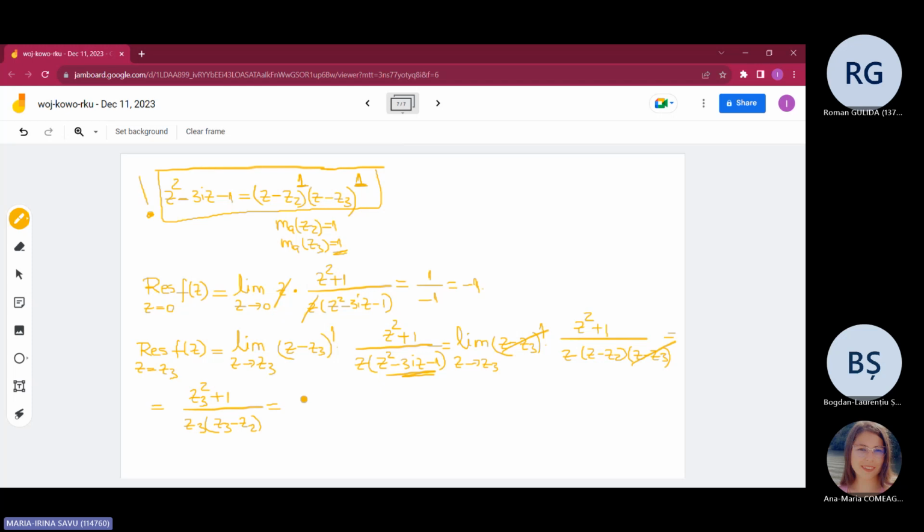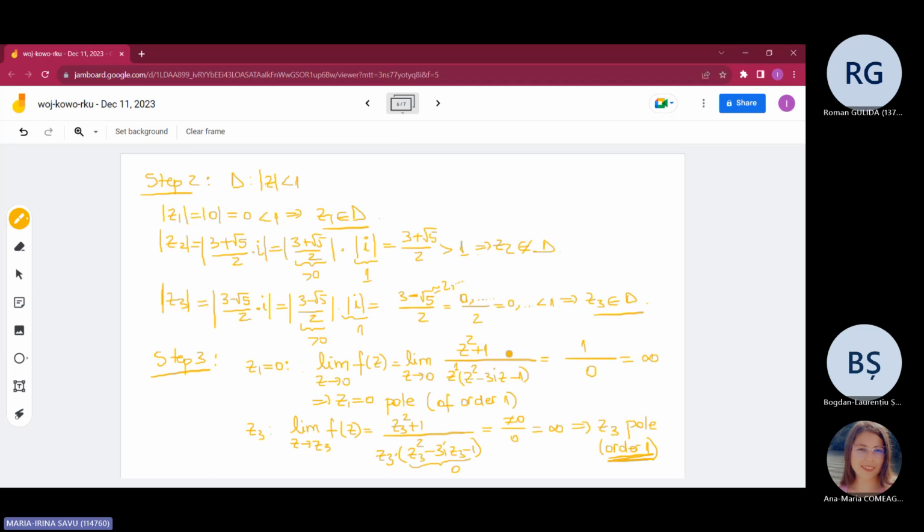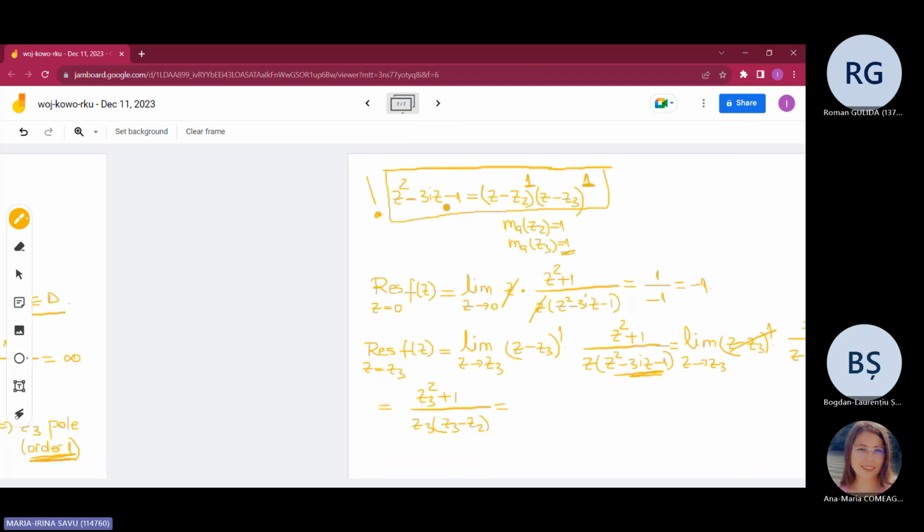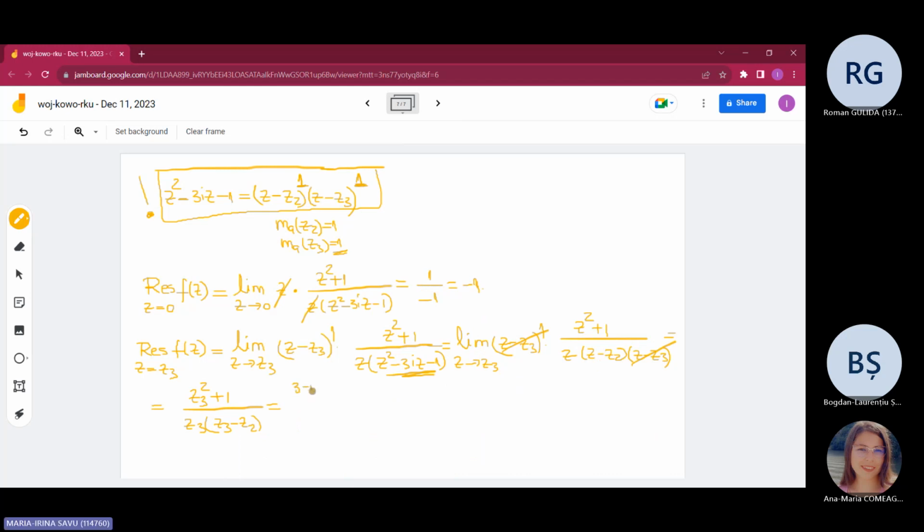And let's see, you have z squared, which is this one squared. So this is (square root of 5 over 2 times i) squared plus 1 over, this is (3 minus square root of 5) over 2 times i, times this minus z2.